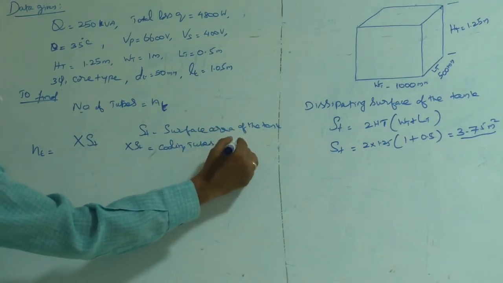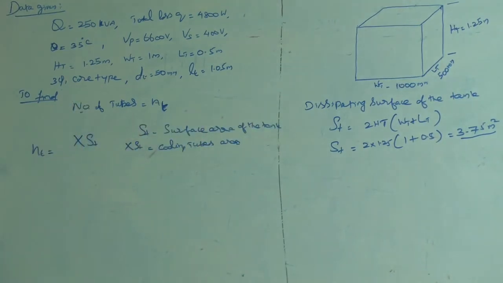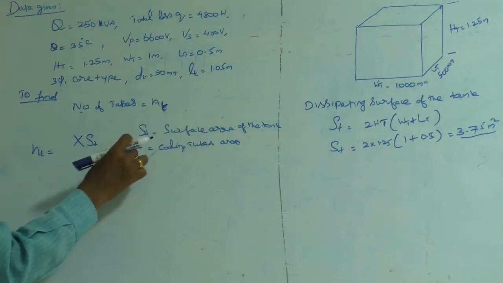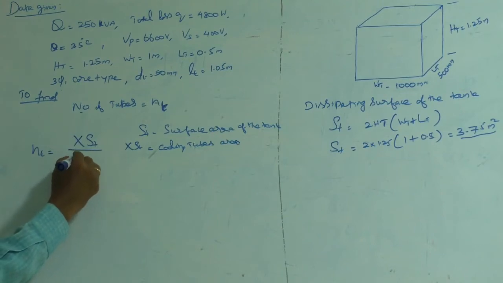For example, if this is 10 meters square, it may be 0.5, it may be 2, whatever it may be. X may be some value, and the cooling tube area will be X times the surface area of the tank.